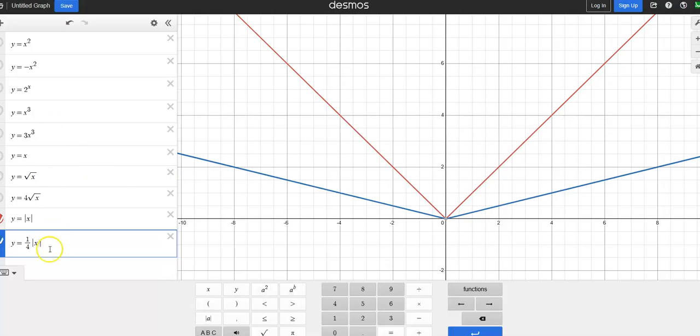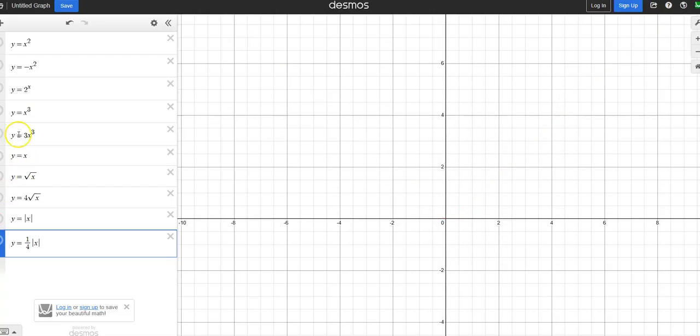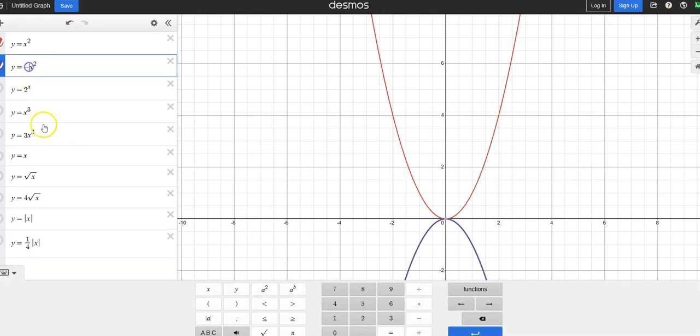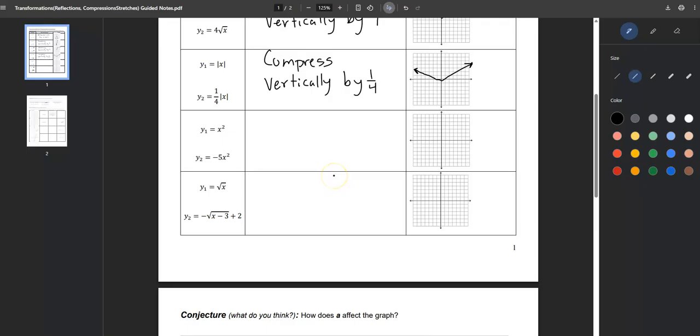If we go back to this top one, there's my parent function. Remember, there was my reflection, but what happens when I put that 5 with it? Notice what happens. It gets skinnier, it gets stretched vertically. So that's what both of them do. They're two different transformations.